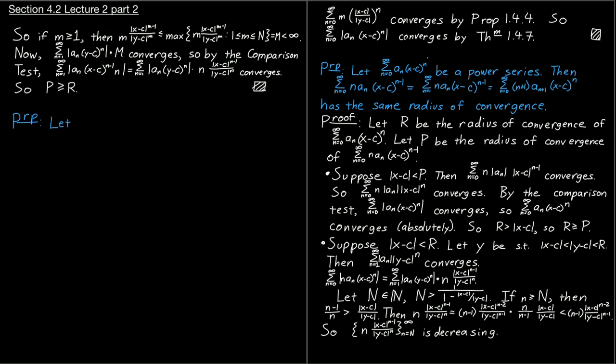So let's start with a power series with radius of convergence, let's name the radius of convergence r, and let's assume that the radius of convergence is positive.